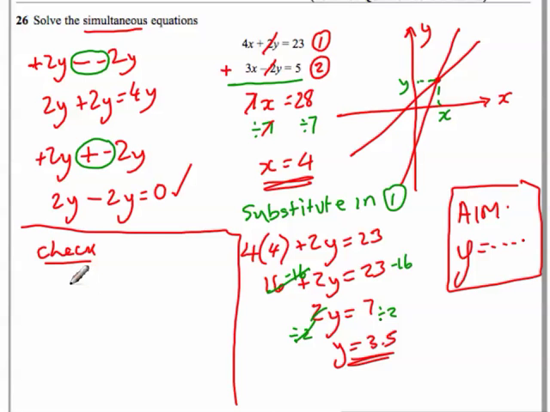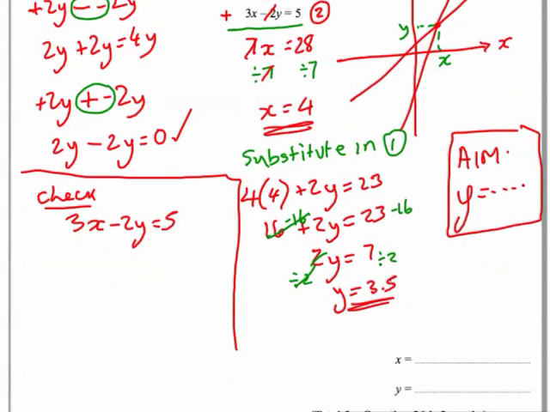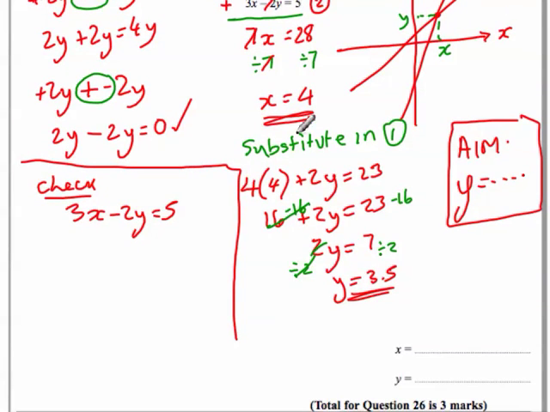Okay, so we've got 3x minus 2y equals 5, and I'm going to substitute this value of x and this value of y into here. So we end up with 3 times x, x is 4, minus 2 times y, well, y is 3.5.